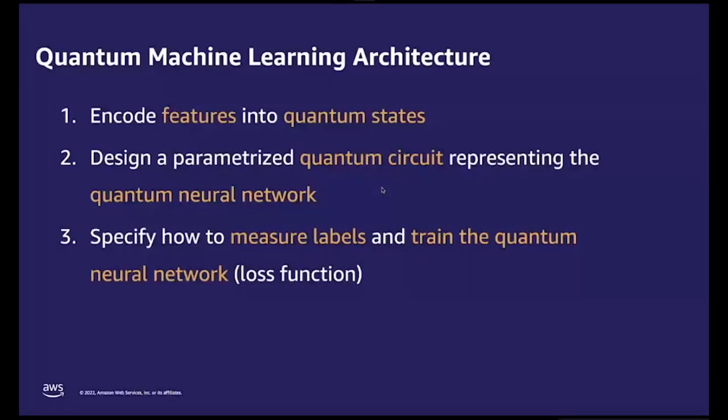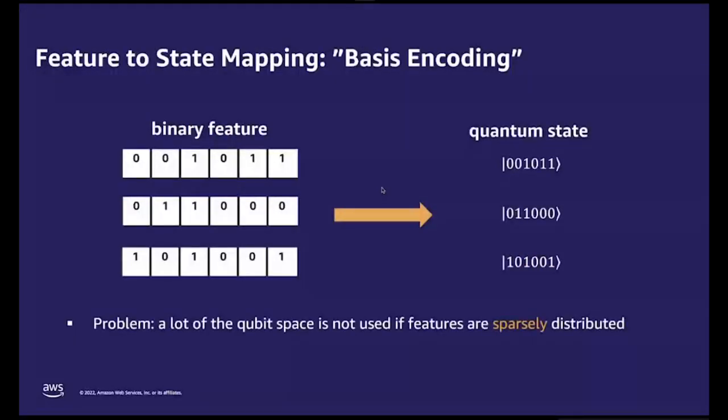And lastly, you want to specify how to measure labels and train the quantum neural network, because in the end, all these encoded data are quantum information. We need to find a way to extract this quantum information to help us optimize on the classical CPU.